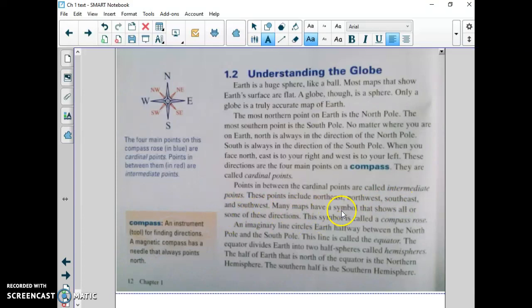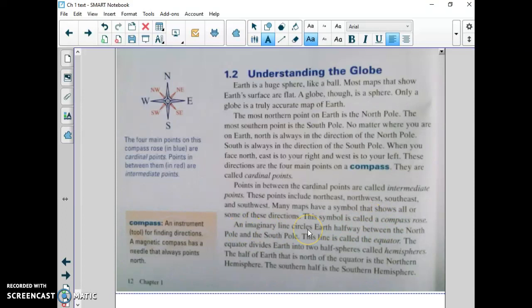Many maps have a symbol that shows all or some of these directions. This symbol is called a compass rose. Now stop right there. You can see the compass rose up here in the upper left-hand corner of the page, showing the cardinal directions, north, east, south, west, and our intermediate points, northwest, northeast, southeast, southwest.